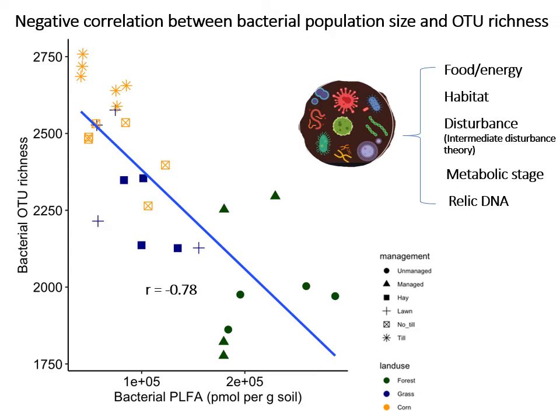Because for the bacterial diversity, in addition to the food supply, they might also be affected by the habitat and the disturbance levels and the metabolic stage. And also the sequencing methods probably pick up substantial relic DNA that may not be metabolically active in the current populations.